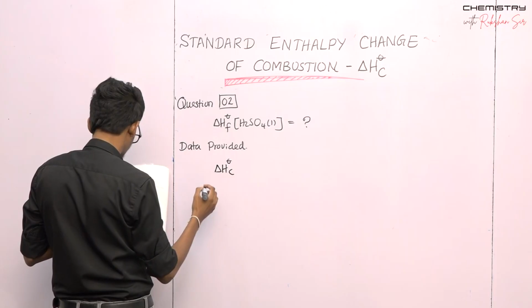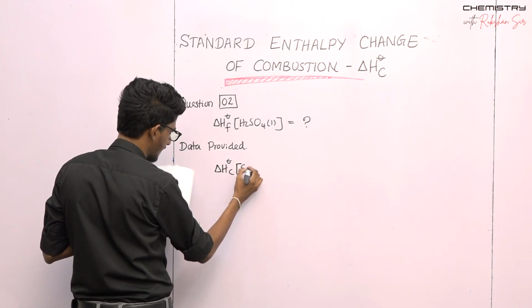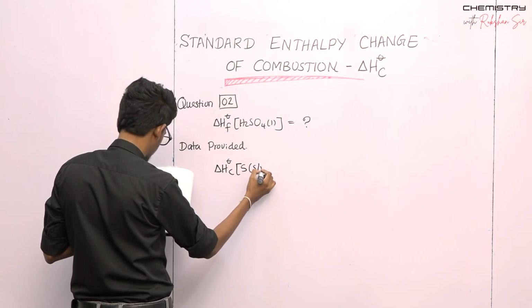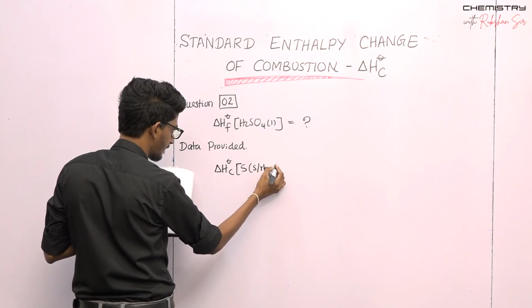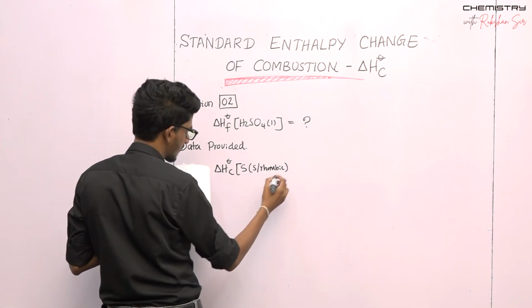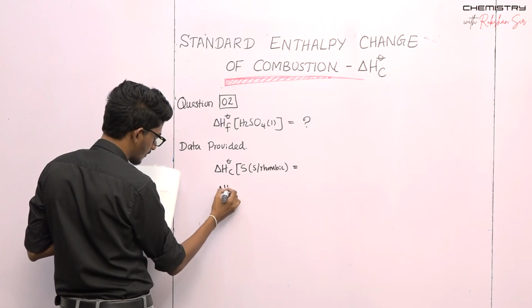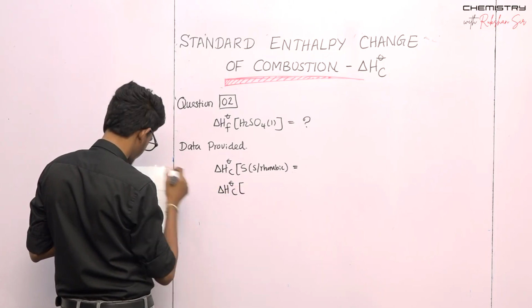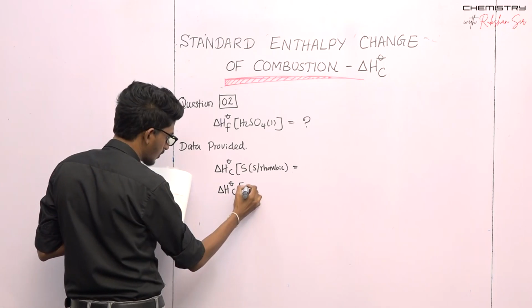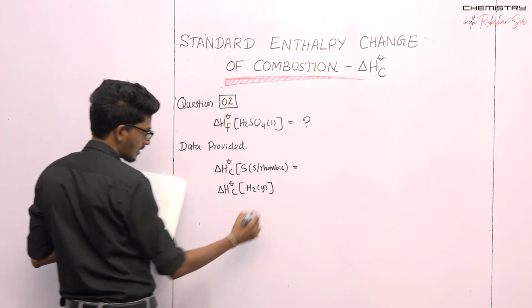The enthalpy of combustion values are given for sulfur, solid rhombic. That is the reference form of sulfur, right? And the value is given for H2 gas as well, right?